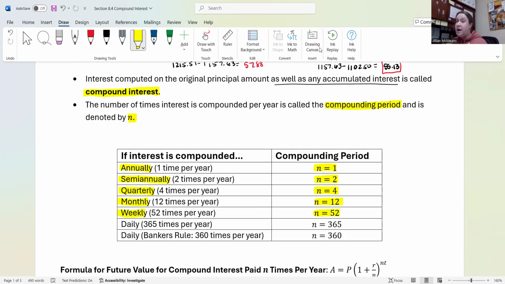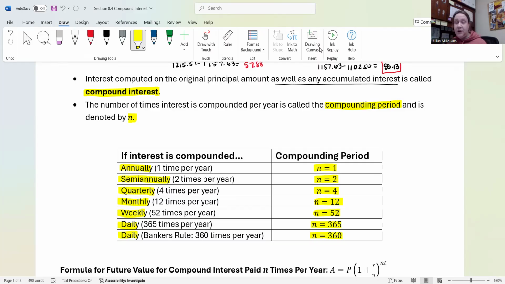In the banking world, and I do not come from a finance world, so I'm just telling you the basics that I know, daily can be two different things. Daily can be what we would consider daily, 365 days a year. But there's also something called the banker's rule, where if interest is calculated daily, it is actually going to have a compounding period of 360.